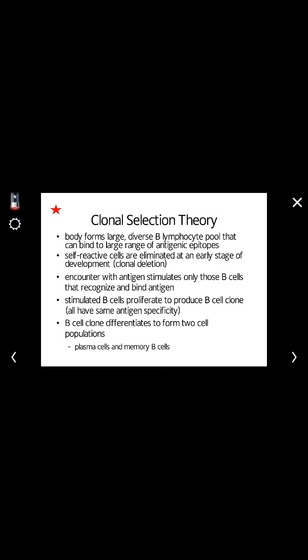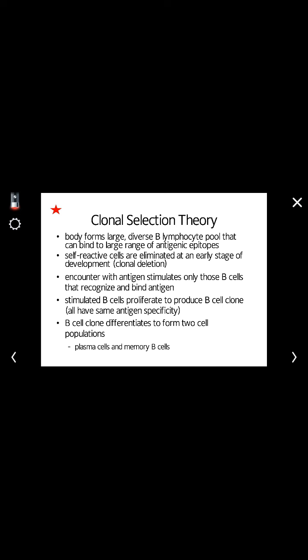The encounter with antigens stimulates only the B cells that recognize and bind that antigen. So only those that can bind to that antigen will be stimulated, and the stimulated B cells will proliferate to produce B cell clones and memory cells.